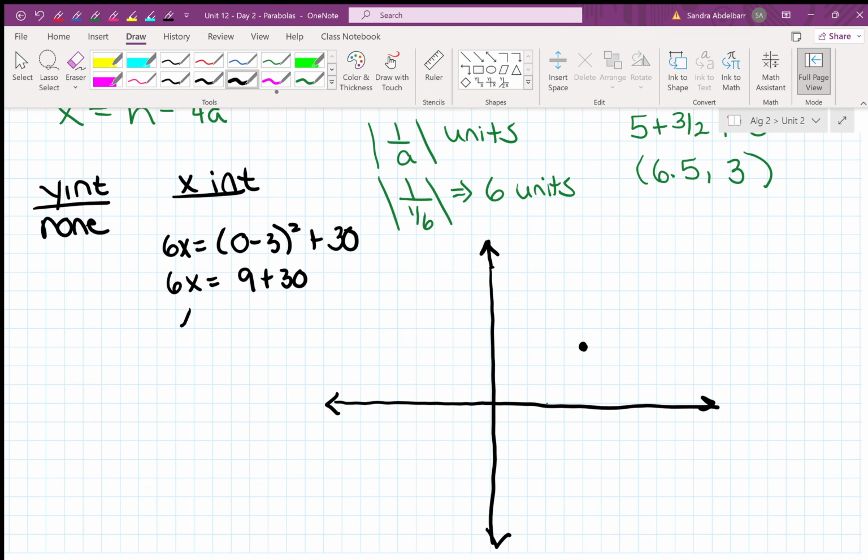So we have 6x is equal to 39, divide by 6. We have x is equal to 13 halves, which is 6.5. So the x-intercept is 6.5 comma 0.